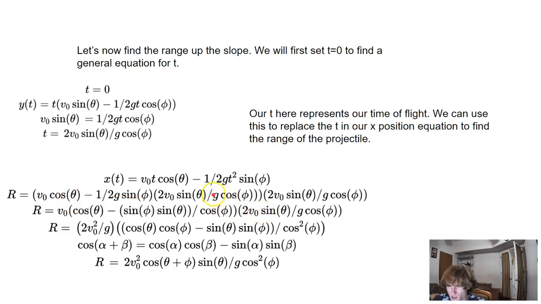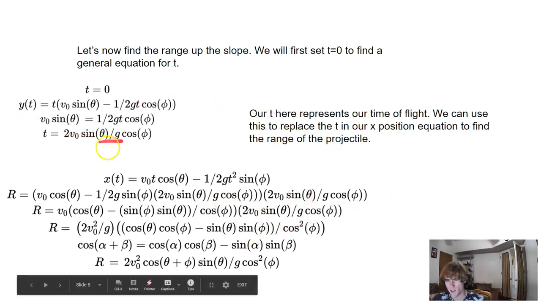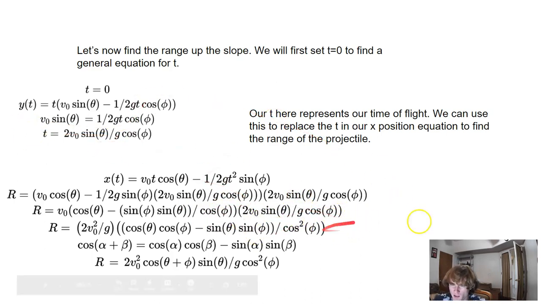And there's a g on the bottom and a g on the top, so those cancel. So we're left with the initial velocity times the cosine minus the sine of phi times the sine of theta divided by the cosine of phi, times this other t term right here. This is just the other t that we factored out.